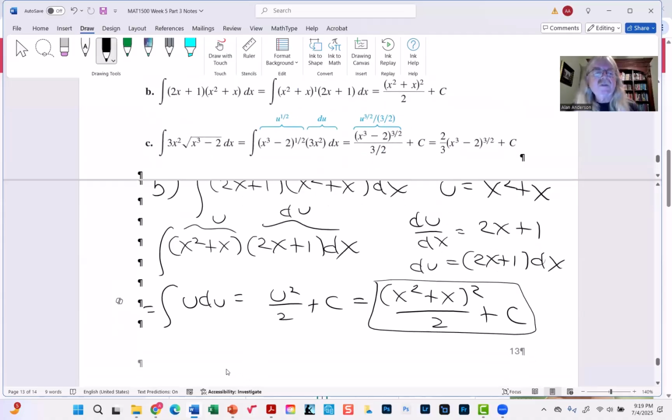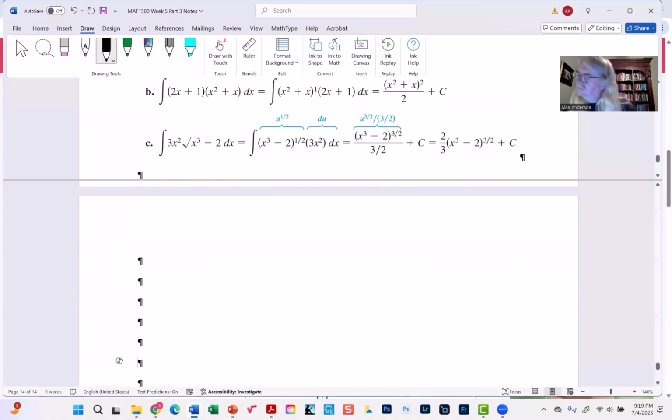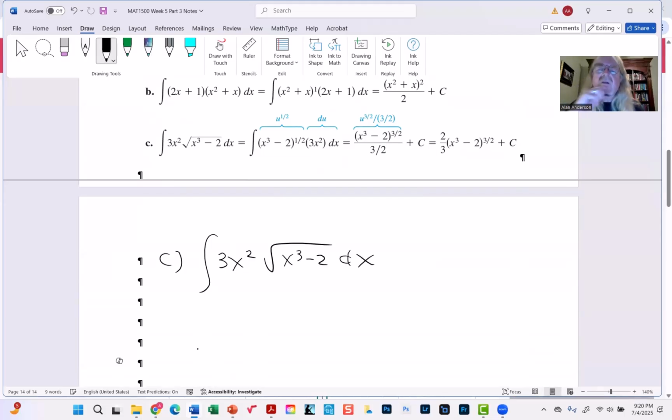And now this last one, and once again, why don't we try u equals x cubed minus 2.